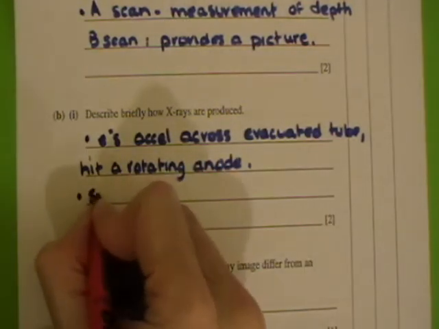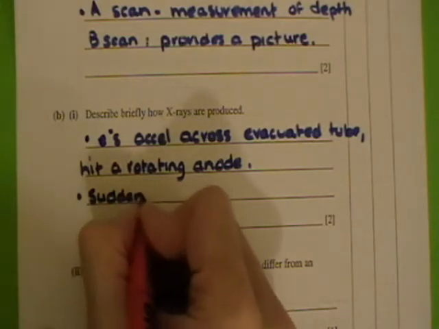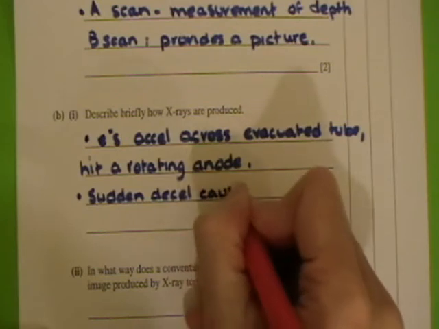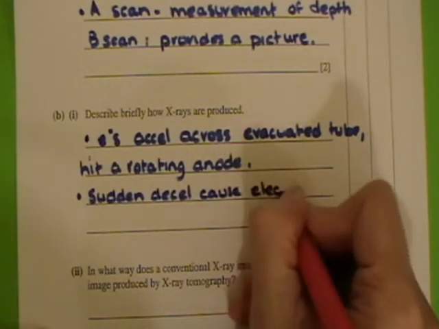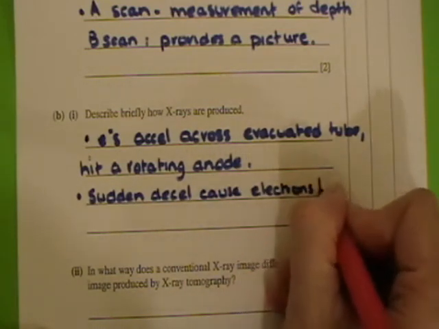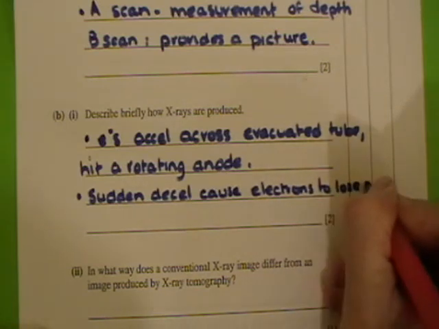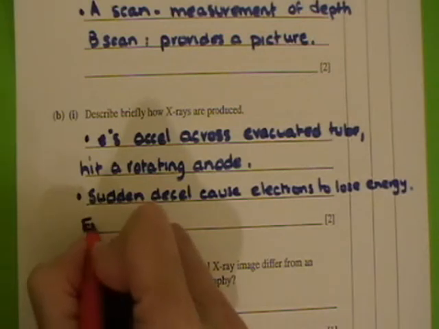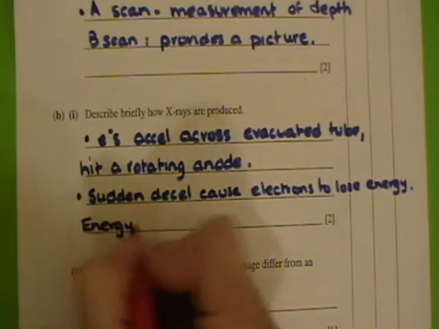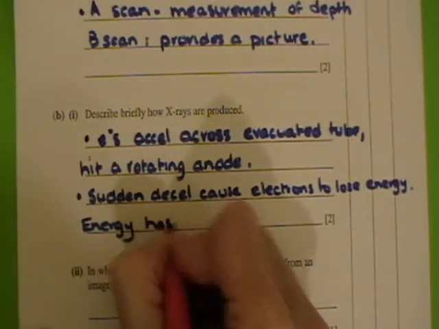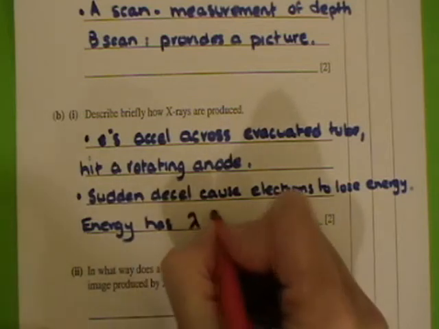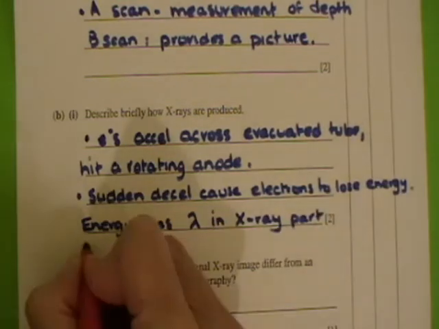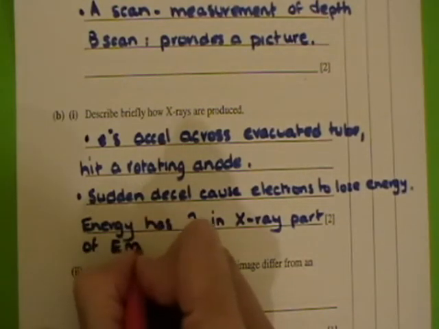And then this sudden deceleration causes electrons to lose energy. And this energy is given out, or this energy has a wavelength in the X-ray part of the electromagnetic spectrum.